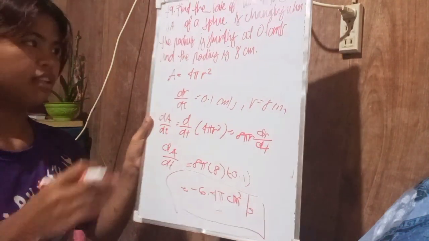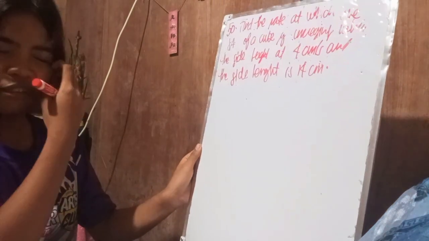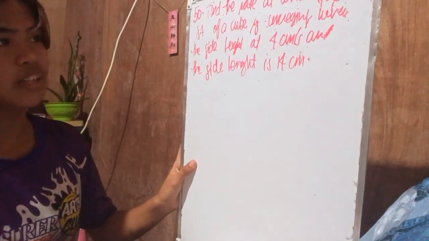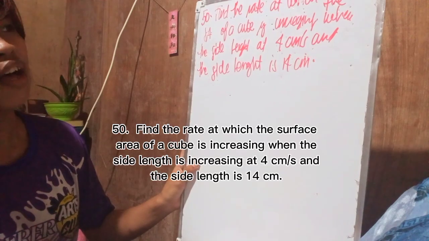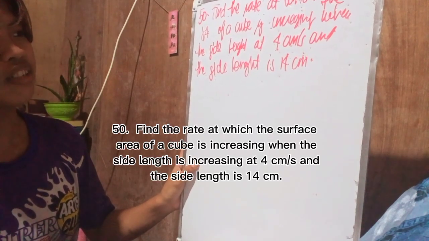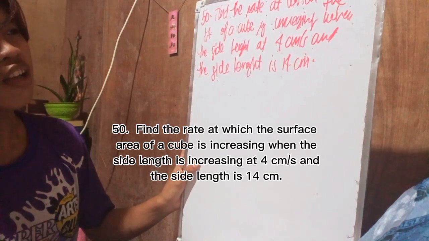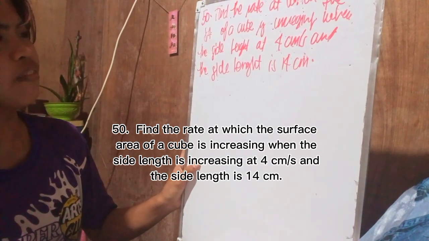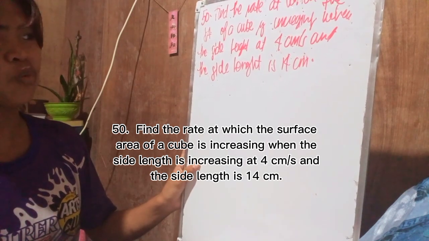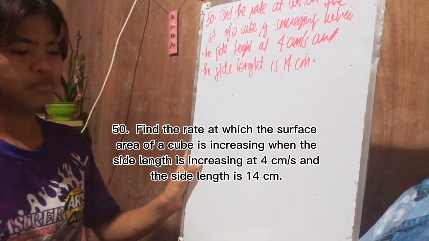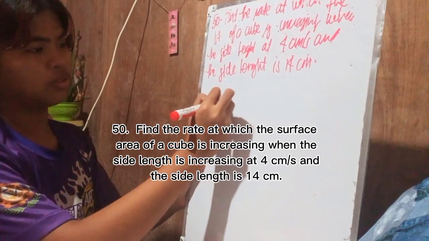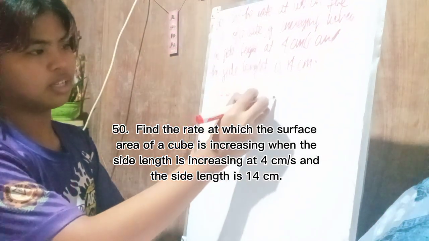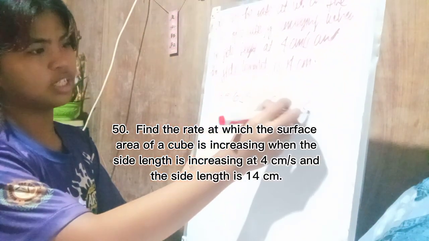So, now the last, number 50. Find the rate at which the surface area of a cube is increasing with the side length changing at 4 cm per second and the side length is 14 centimeter. So, area is equal to 6s squared and s is equal to 14.